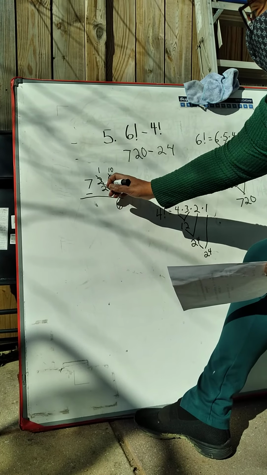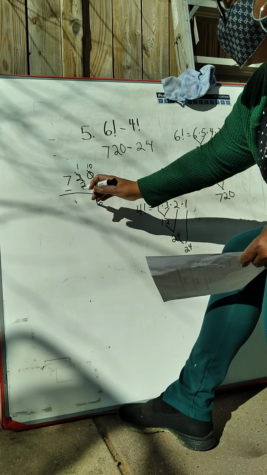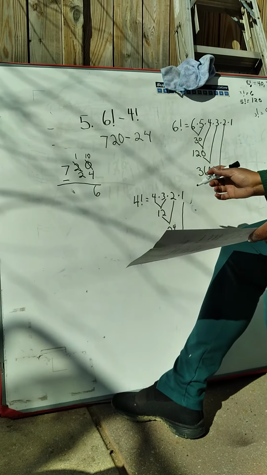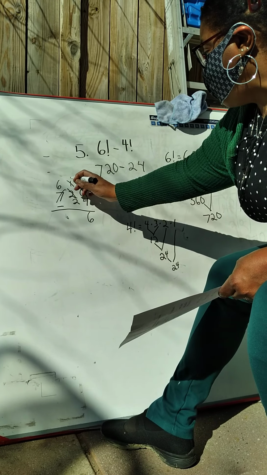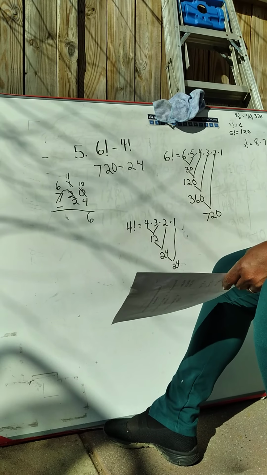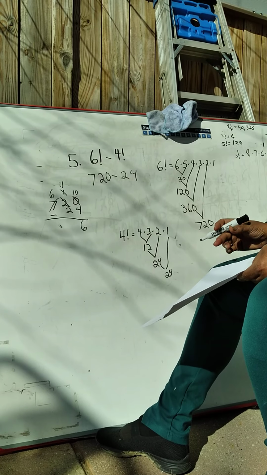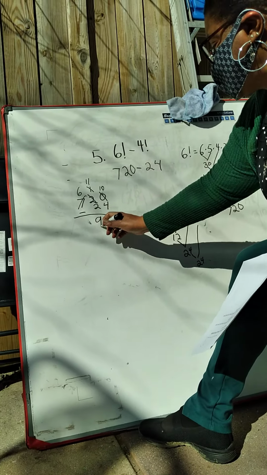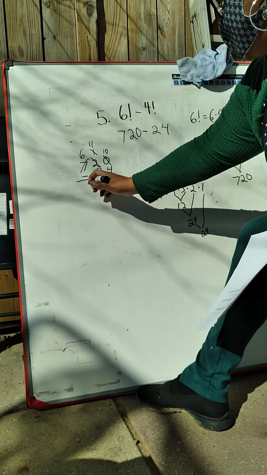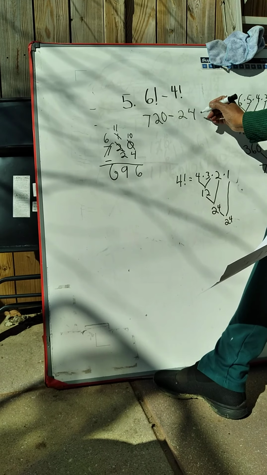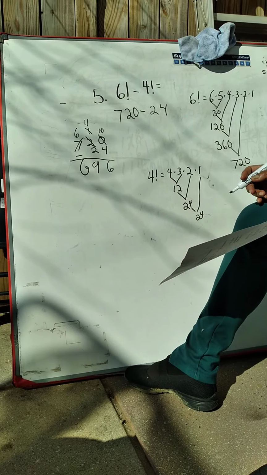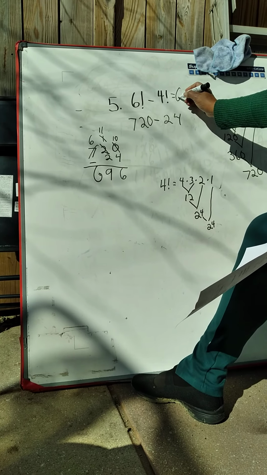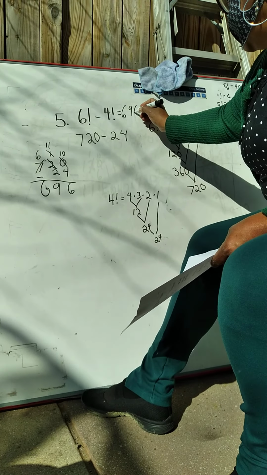Now I have 2. 1 take away 2, I can't do it, so I need to borrow. Make that 1 now 11. 11 take away 2 is 9. 6 take away nothing is 6. So 6 factorial minus 4 factorial would be 696.